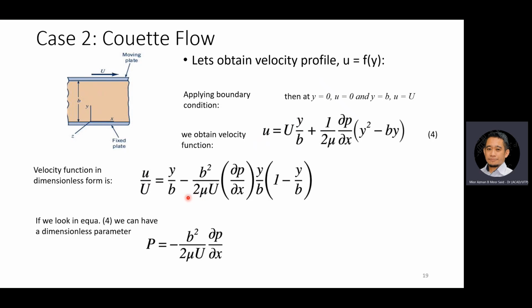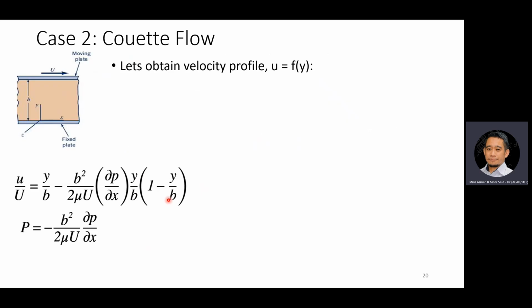And we can express this term, b squared over 2 viscosity capital U, partial p partial x, as some form of P. We express it in terms of P, and we can take a look at the effect of what if we change the variable P here. See what is the effect on the velocity profile.